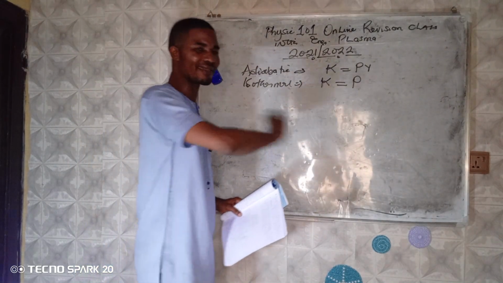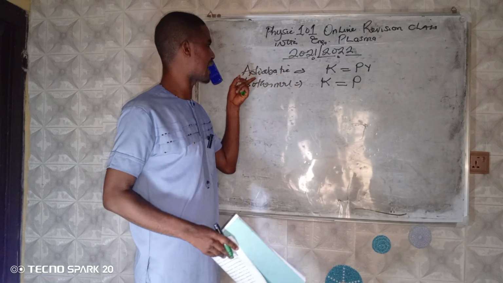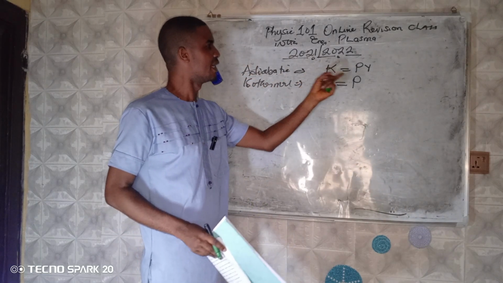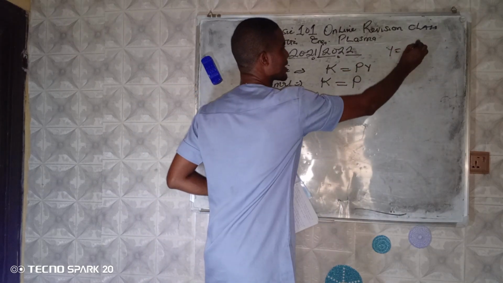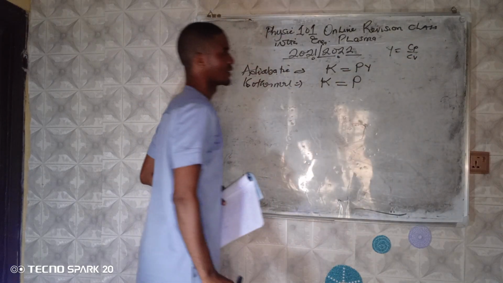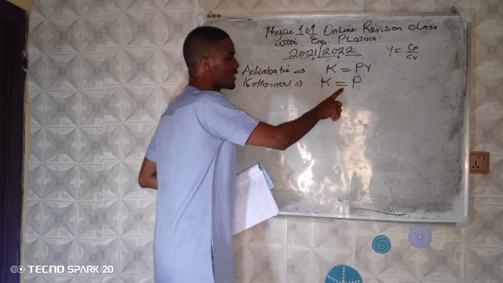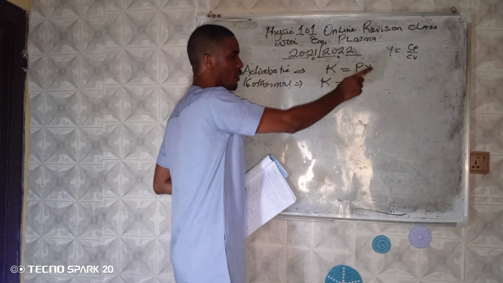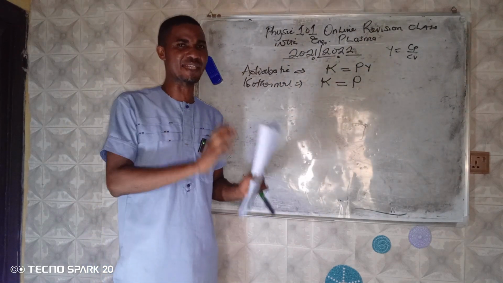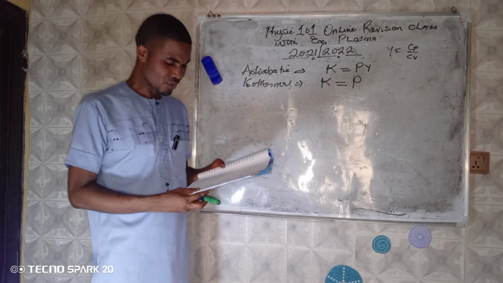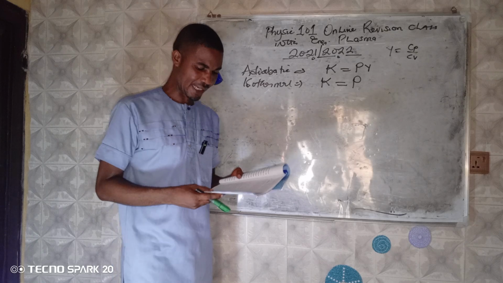So mark these two expressions: adiabatic bulk modulus K is equal to P times Y, where Y is Cp over Cv. But isothermal bulk modulus is equal to isothermal pressure. There is nothing else. So if you know the isothermal pressure, it is the same as the isothermal bulk modulus. In this case, K is equal to P.